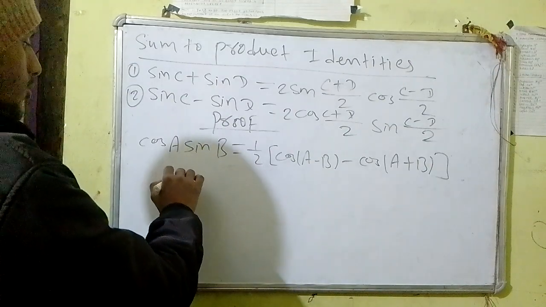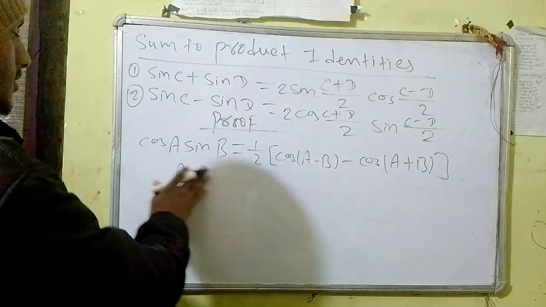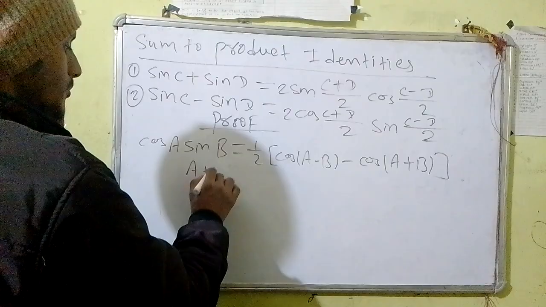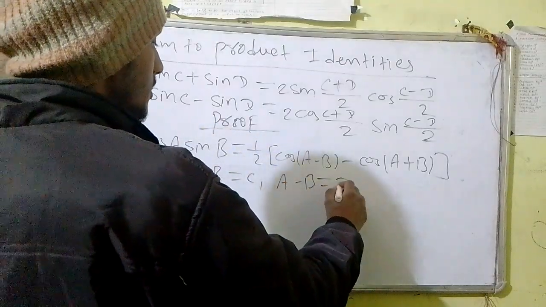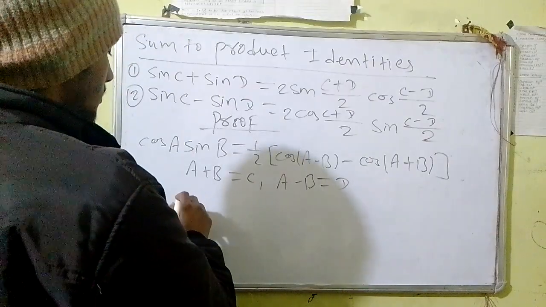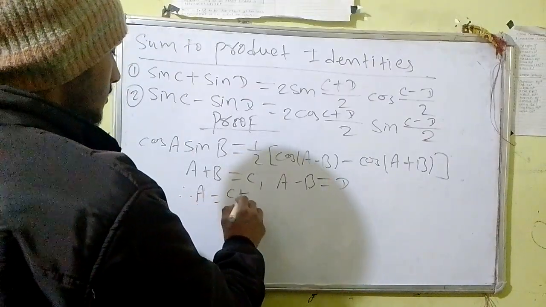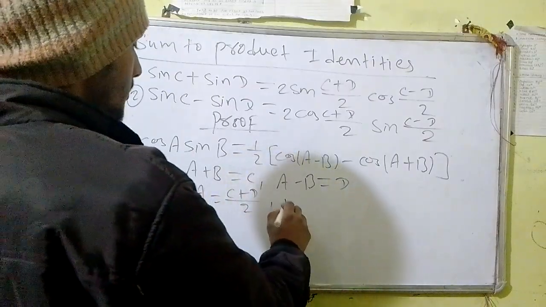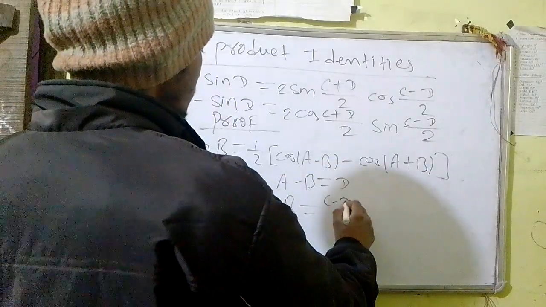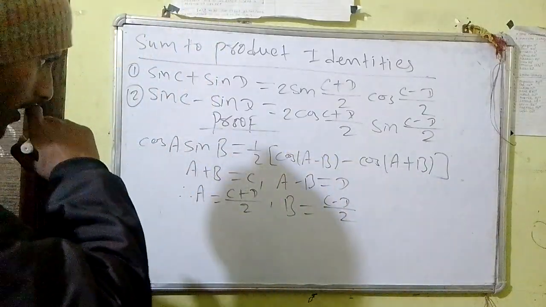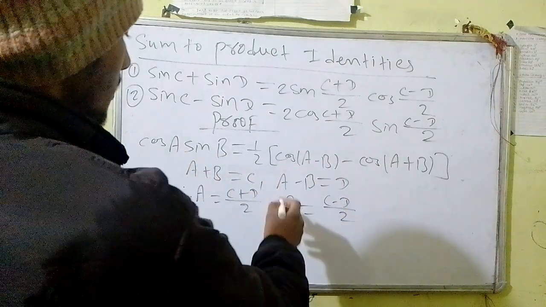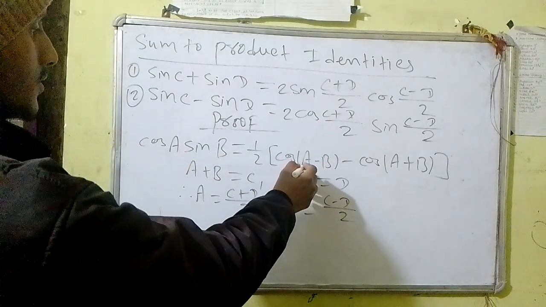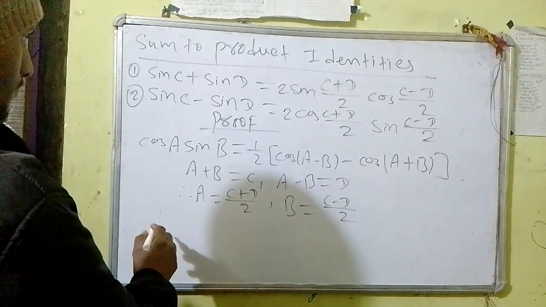If you let A plus B be C, and A minus B be D, then A is C plus D over 2 and B is C minus D over 2. Now you can derive what cosine C plus or minus cosine D is.